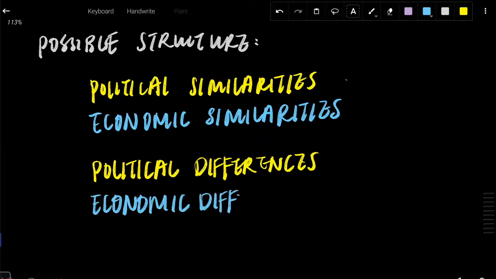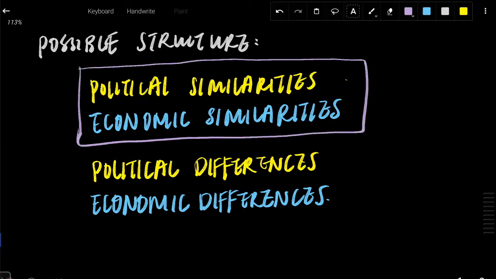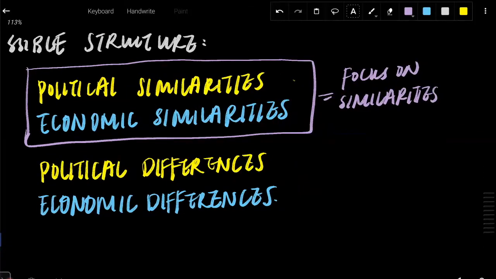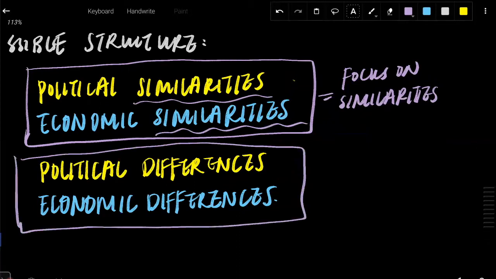So in this first option, you'll first focus on writing about the similarities, and then you focus later on differences.